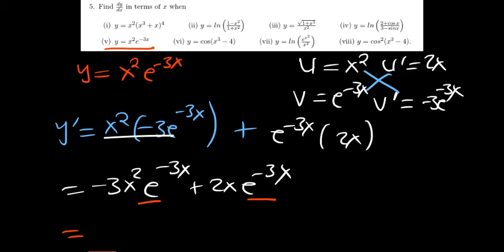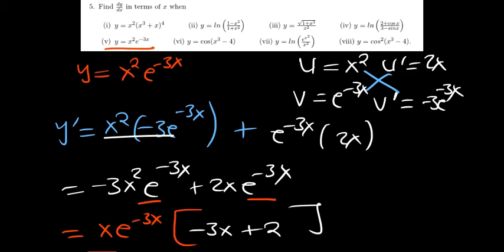You can also see that x is common. So you can have x and e being common. And in the brackets, what remains for the very first part, you have negative 3 and an x remaining. Then the other part, you just have a 2 remaining. So that's what you have after differentiating that.